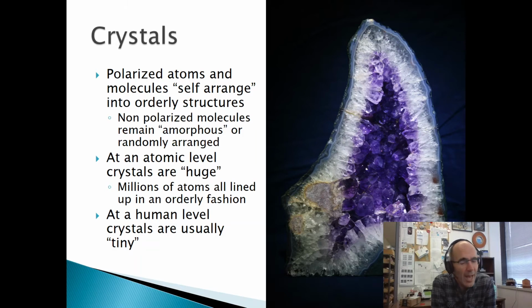But crystals actually also exist every day all around us, whether we're talking about the salt crystal that we sprinkle onto our steak at dinner, or the sugar crystal that you drop into your coffee cup to sweeten things up a little bit. These crystals are around us every day, and in fact, they're inside metals. The fundamental structure of metals is crystalline.